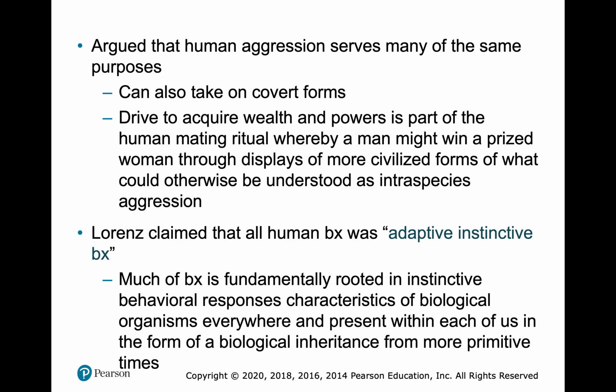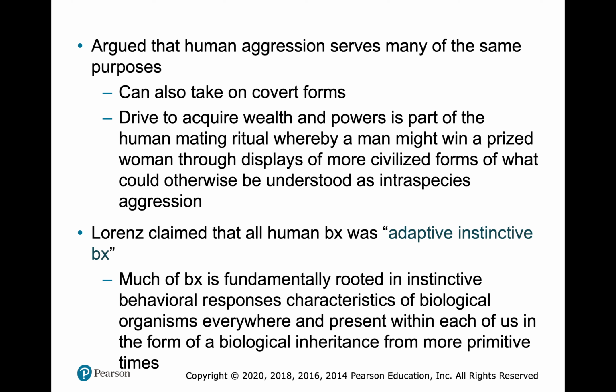Now, aggression serves very similar purposes for humans. But for humans, it can also take on covert forms. That desire to acquire wealth and power is often part of human mating rituals. This might allow a man to win a, quote, prized woman through displays of more civilized forms of what could otherwise be understood as interspecies aggression.